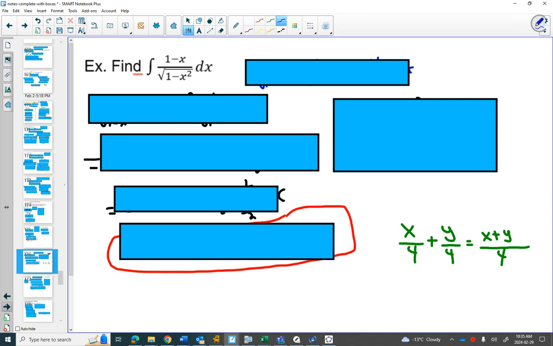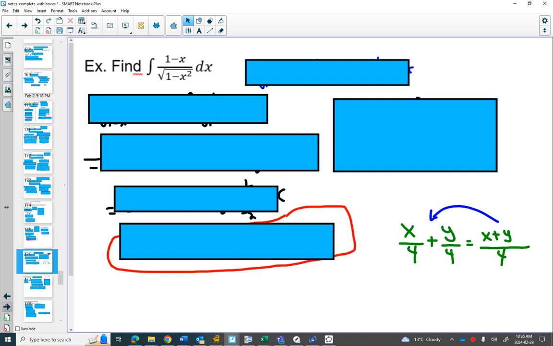Unadding fractions is when you undo the adding. This is sometimes helpful when you kind of want to use substitution. Like if the inside function is 1 minus x squared, substitution would work out nice if the derivative, negative 2x or something x, was present.